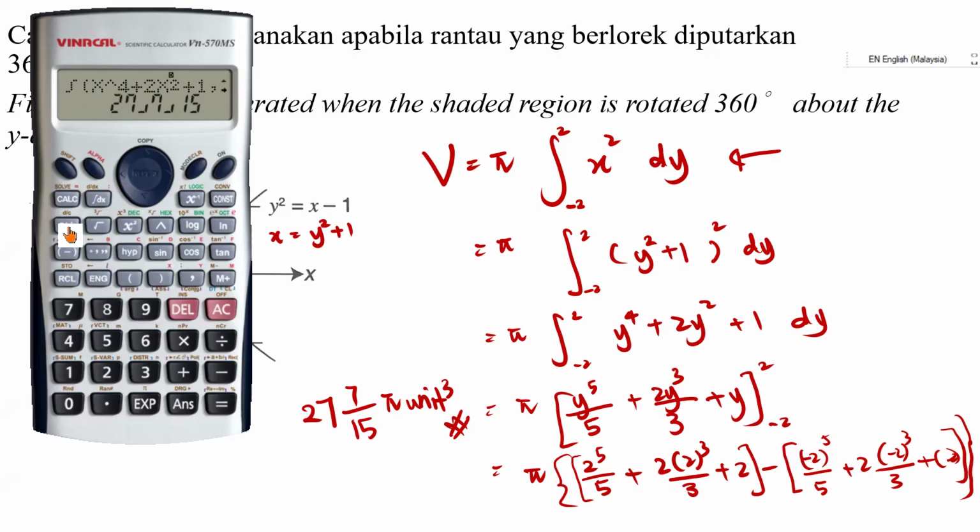Let me see if mine will have that problem or not. Mine is not that brand. Okay, let me see. Integration of x to the power of 4 plus 2x squared plus 1, comma, negative 2 to 2.